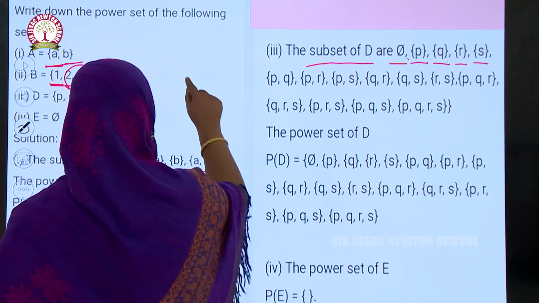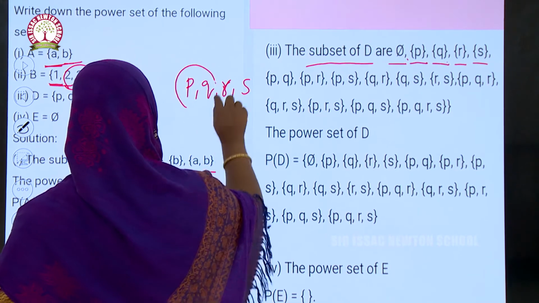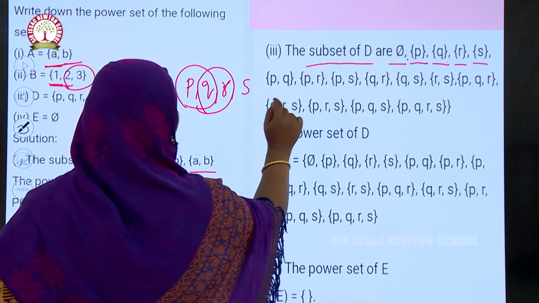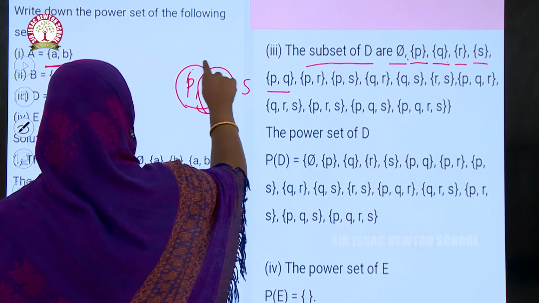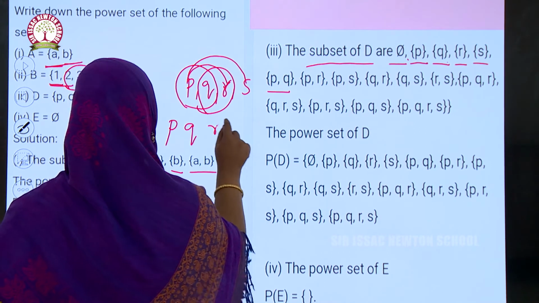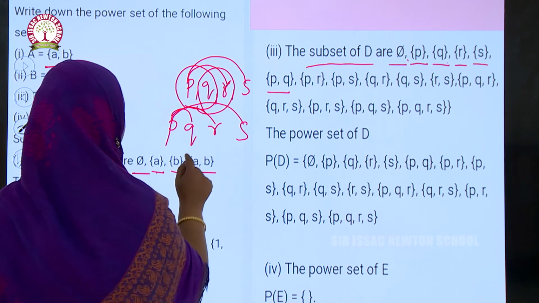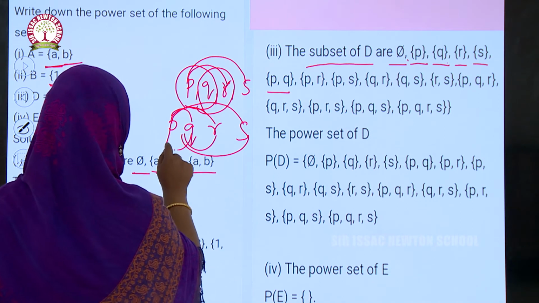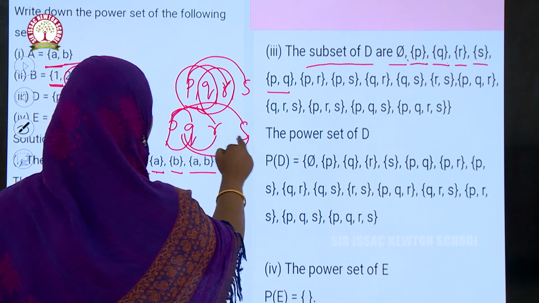See here, P, Q, R, S are the elements. First P, Q, then P, R, P, S. Next Q, R, Q, S. Next R, S.